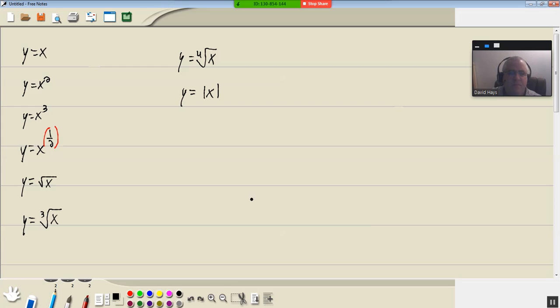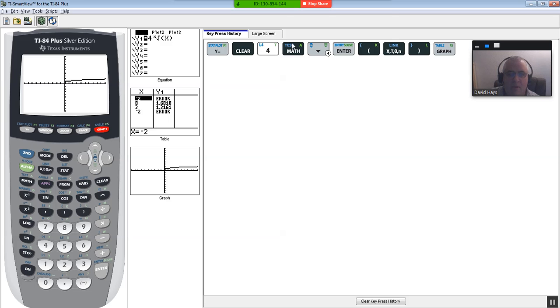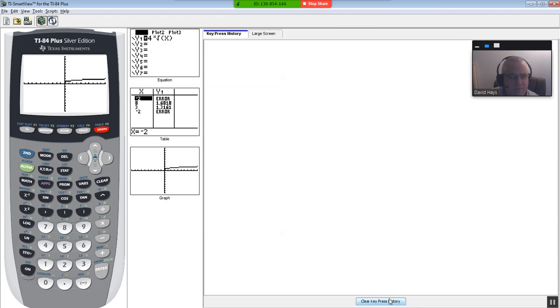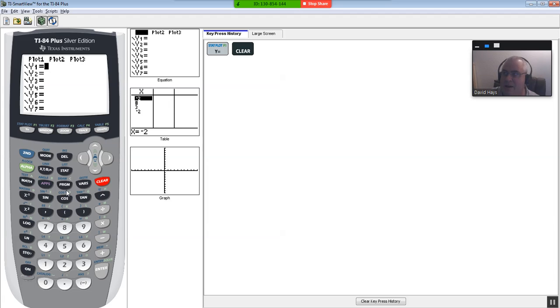One more. Absolute value of x. Well, if I go to y equals, clear. And it's not on a button, it's not above a button, so we know where it'll be. It'll be underneath the math button. Push my math button.